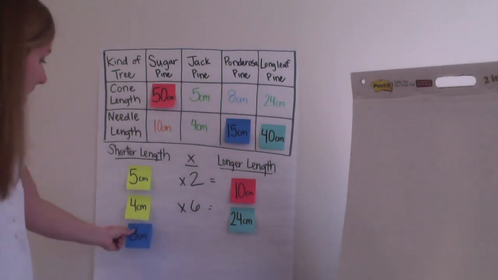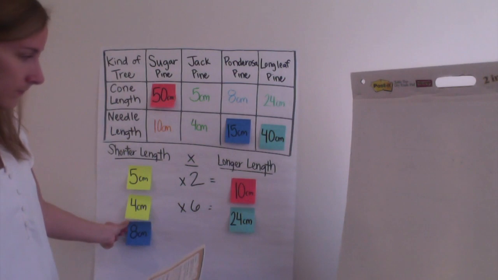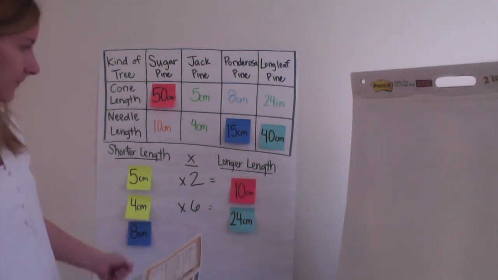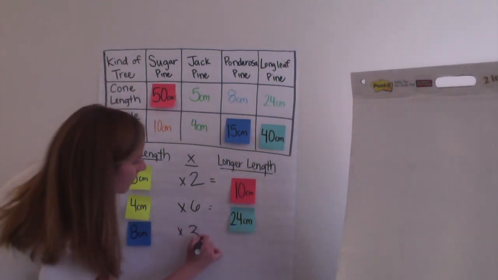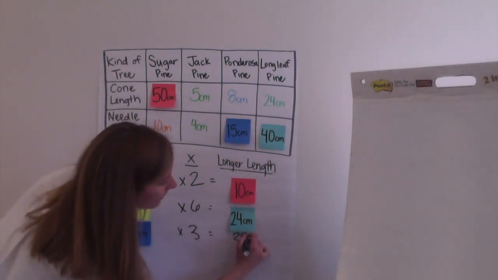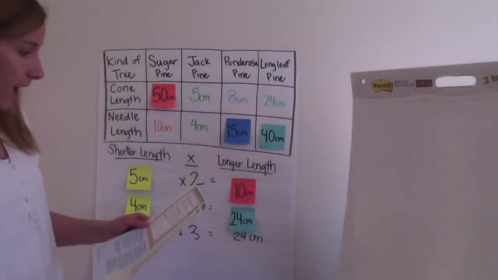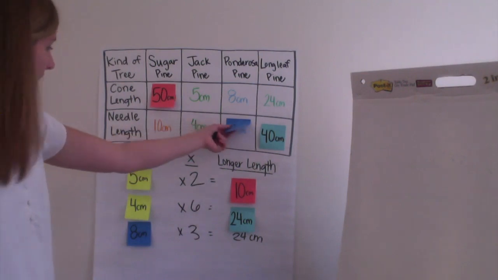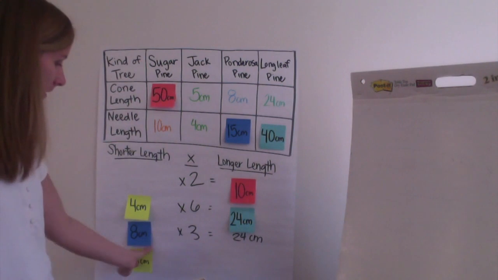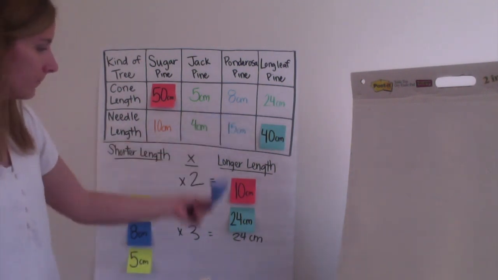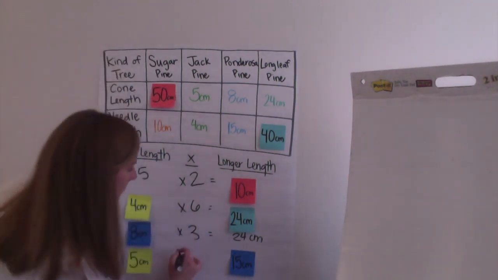If I have 8, 8 could be my shorter length. I could also say that 8 times 3 could also get me that 24 centimeters, which would also work. And then we could also say that 5 times 3 to get you 15. I'll put that 5 back up here for you.